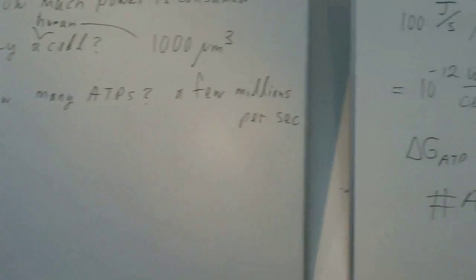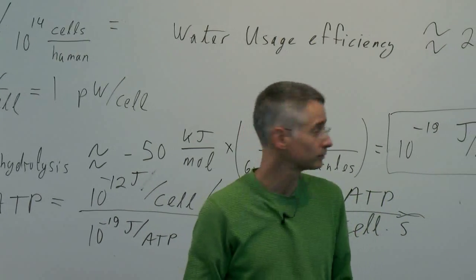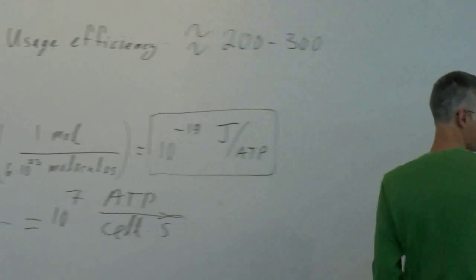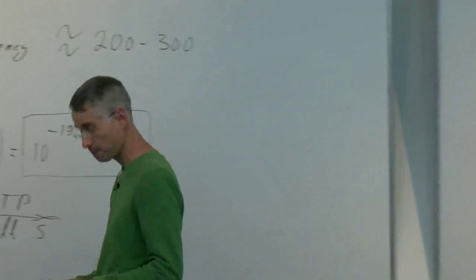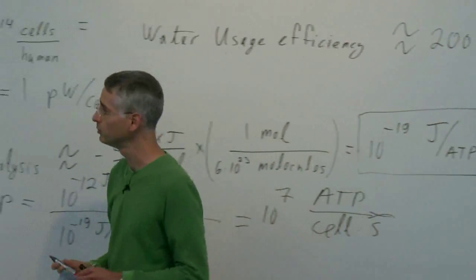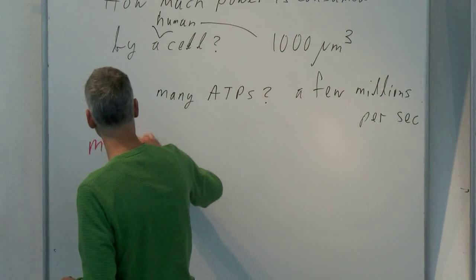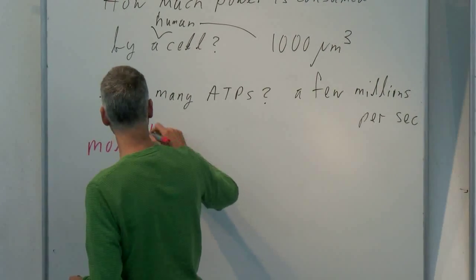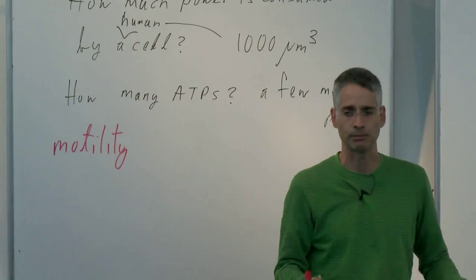So what do you think these few millions are being spent on? Why does the cell need, what does it do with all of its energy currency? Movement I have. So motility. What is housekeeping? What does that mean? I want mechanistic things that happen.